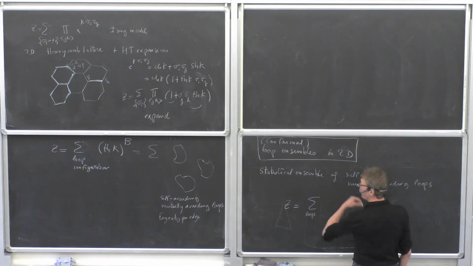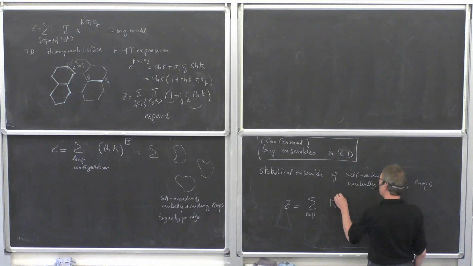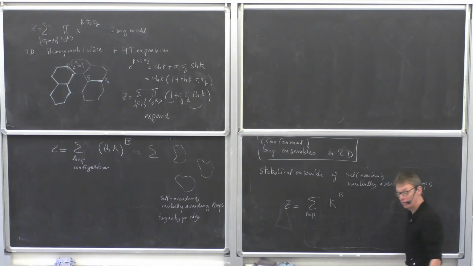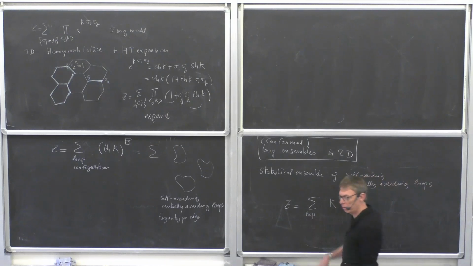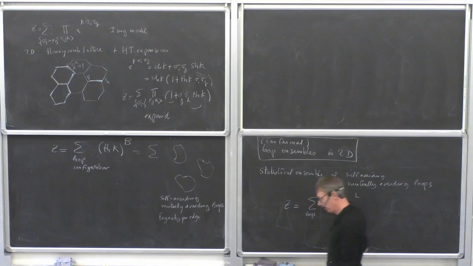And then we will have a fugacity per edge. So there will be many Ks in these lectures. K is pretty much any coupling constant for me. As you will see later, their numerical values are not particularly interesting. So instead of tanh K, let's just call it K. And then, this is where the beauty of the problem will appear, we're going to allow for a fugacity per loop.